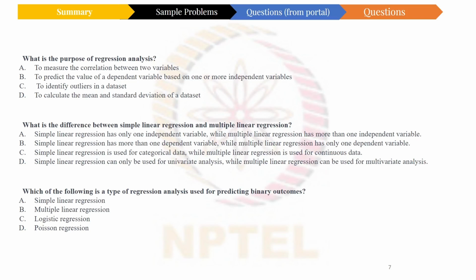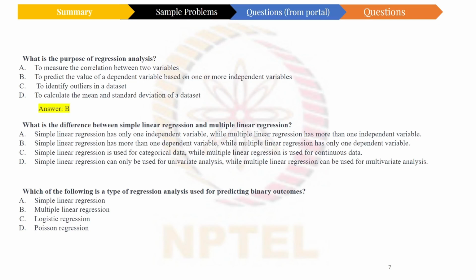Whether it's to measure the correlation between the two variables, or to predict the dependent variable based on one or more independent variables, or to identify outliers in a data set, and to calculate mean and standard deviation of the data set. Yeah, the first one is B.